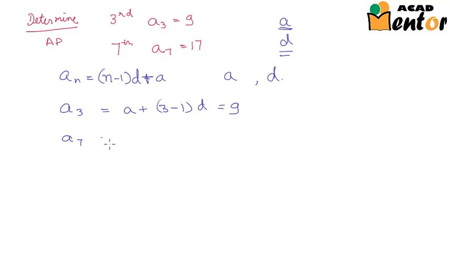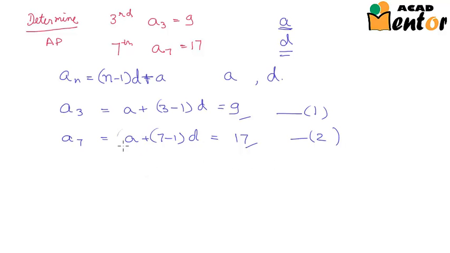Also a7 is equal to a plus 7 minus 1 into d, which is equal to 17. These values are given to us. Now let's call this equation 1 and this equation 2.